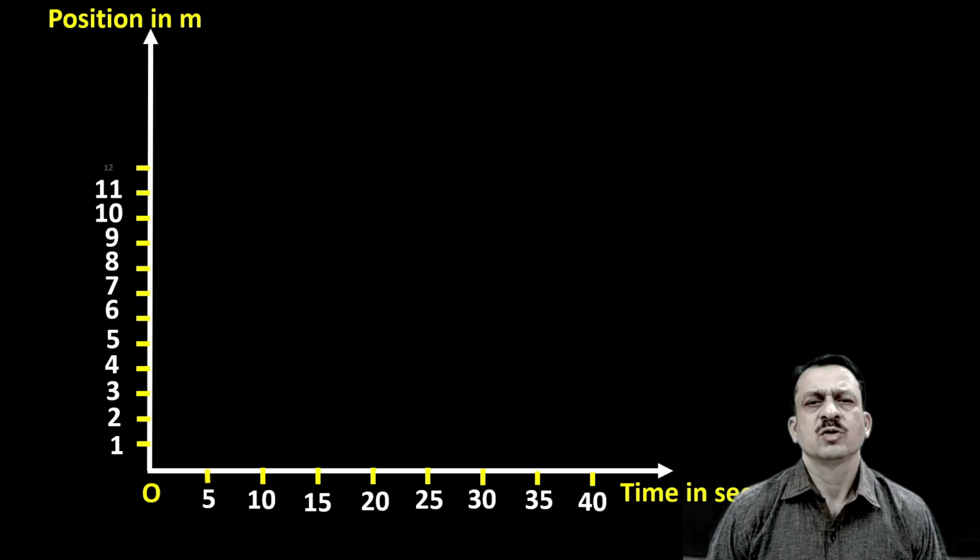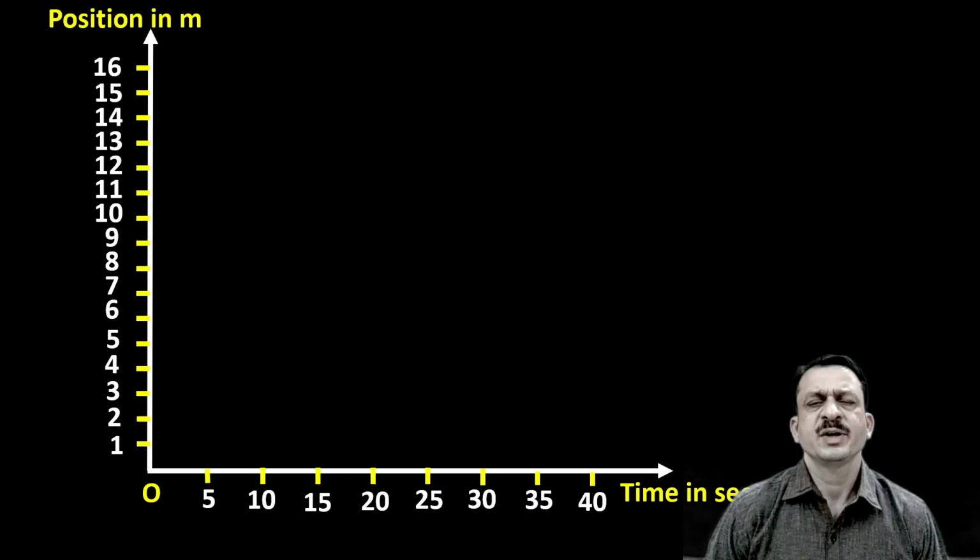Okay, now we have to plot the xt graph for the motion of a drunkard. Now look here carefully. The drunkard starts from the origin. First he moves forward with 5 steps and he takes 5 seconds.